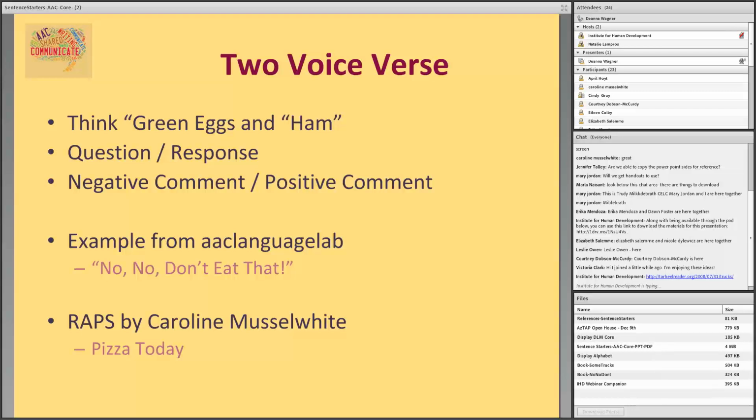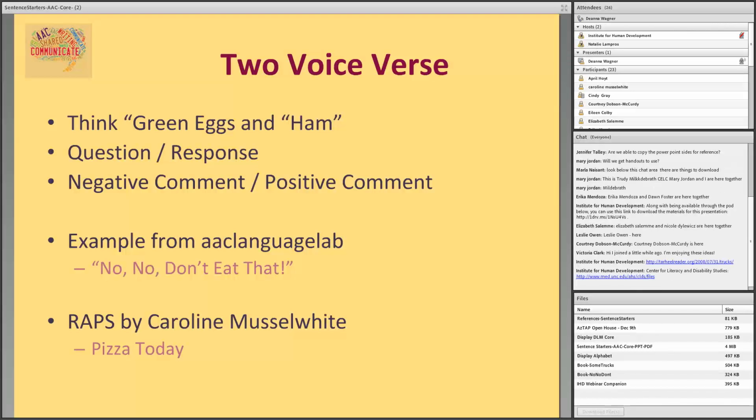Thinking about some other ways to increase the types of words and word starters so that we add some other kinds of vocabulary, I think using two-voice verse is a good idea, like Green Eggs and Ham. So we have a question and a response, a negative comment and a positive comment. From the language lab, I provided you with the book No, No, Don't Eat That.